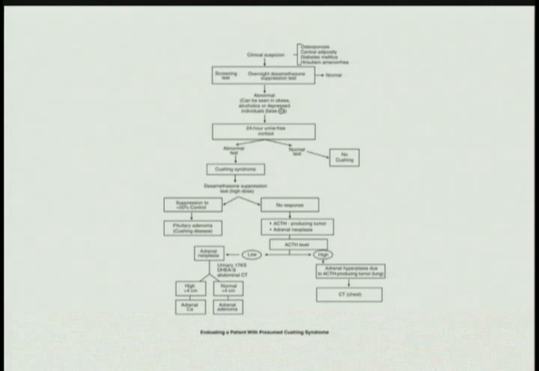Now some books will tell you to go to this test right away, the 24-hour free cortisol. And yes, the answer is, if they give us one test to do, then forget about the overnight dexamethasone suppression test and just go to the 24-hour free cortisol, because that's the gold standard test. Why some people don't do it right away and use it as a second test is because it's labor intensive.